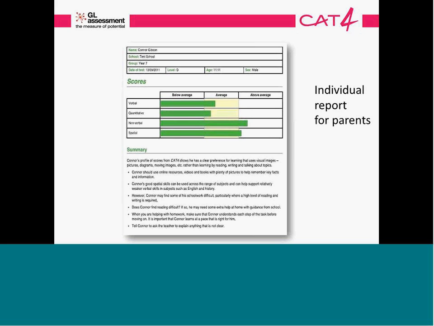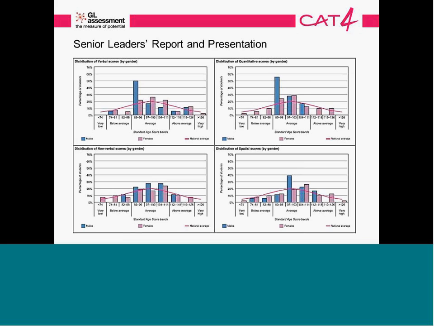This report is very much, as I hinted at before, more managerial in a sense, about individuals, but certainly about vital areas such as looking at focus groups, special interest groups. This one's gender, but it could just as easily be free school meals, or ethnicity, or English as an additional language, or indeed be one of the two customizable fields you might want to set up for disadvantaged students in terms of pupil premium, or anything else.